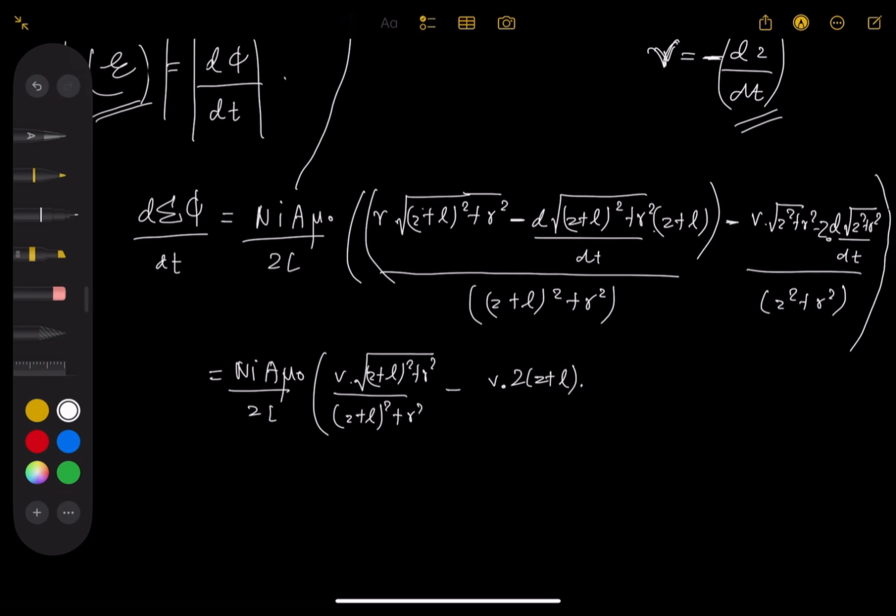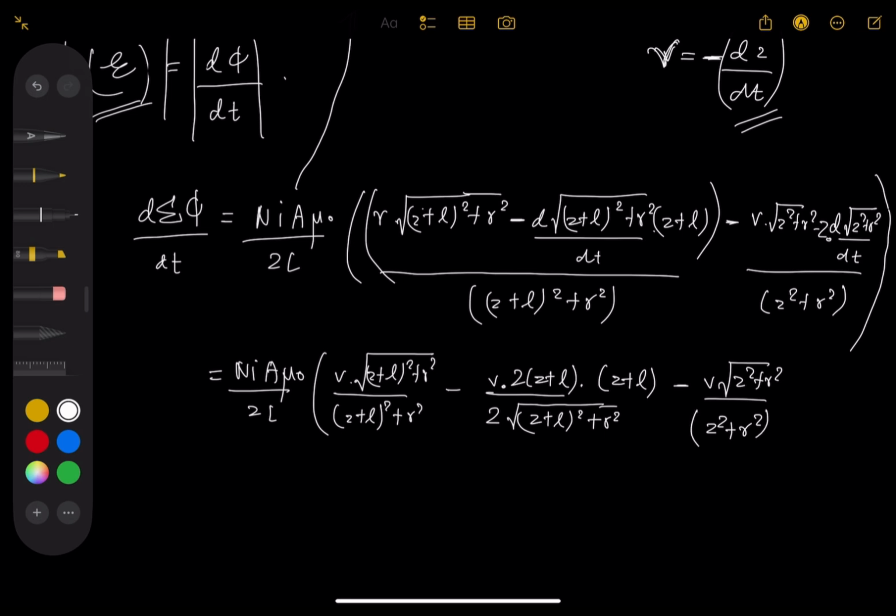Then we see 2 times z plus L whole squared plus r squared, and then there's z plus L. Minus v z squared plus r squared over z squared plus r squared.